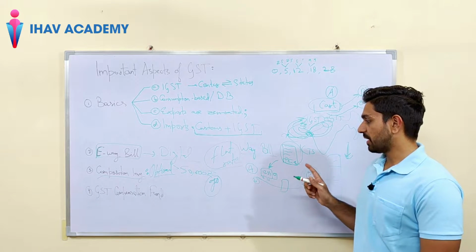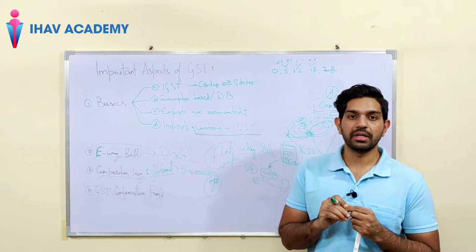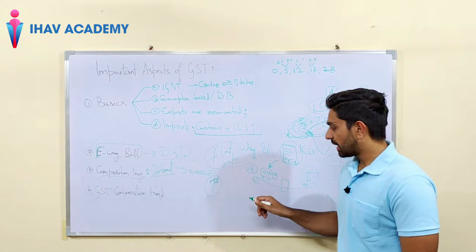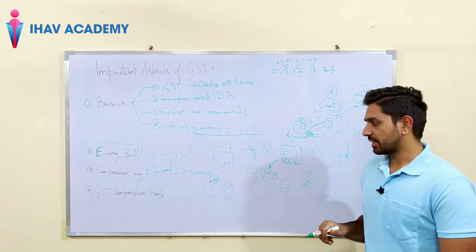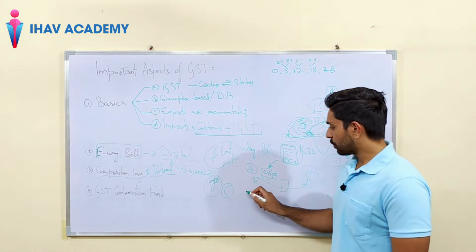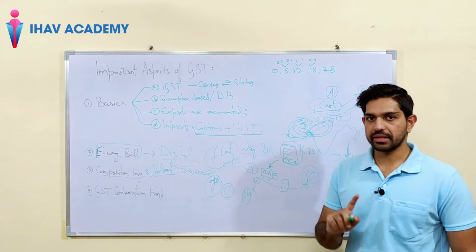So states have anxiety about what will happen to our revenue that will be foregone. So the center is assuring or promising the states that dear states, I will calculate your annual growth revenue of indirect taxes.